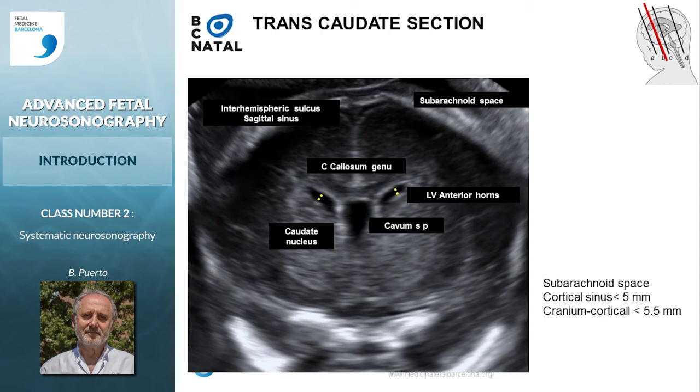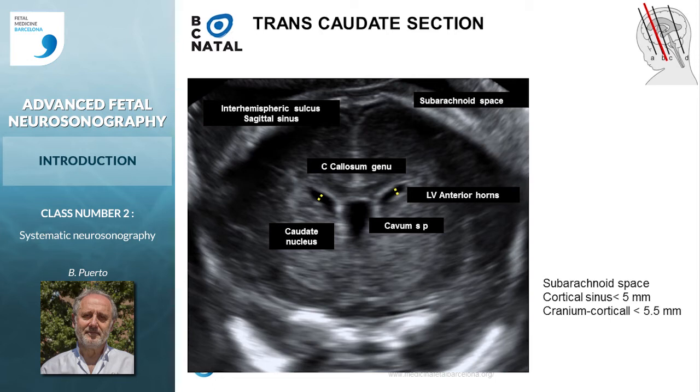We can see the subarachnoid space, and in the midline superior to cavum septum pellucidum, we see the corpus callosum genu. It is important to confirm the presence of cavum septum pellucidum and that the anterior horns are not fused. At this level, we can find infection or hypoxic ischemic injuries.